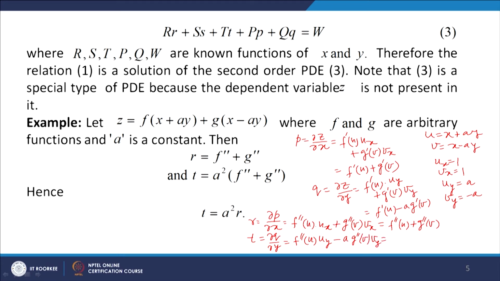Remember, a is a constant. So now here uy is equal to a, and by is equal to minus a. So we get a times f double dash u, and by equal to minus a, so we get a square g double dash.